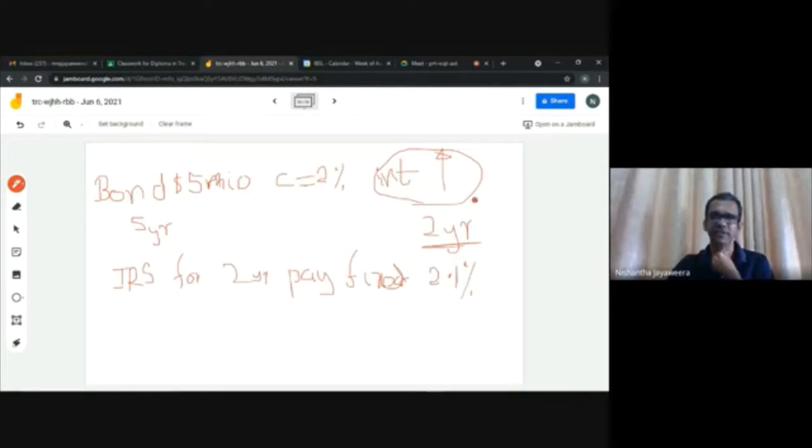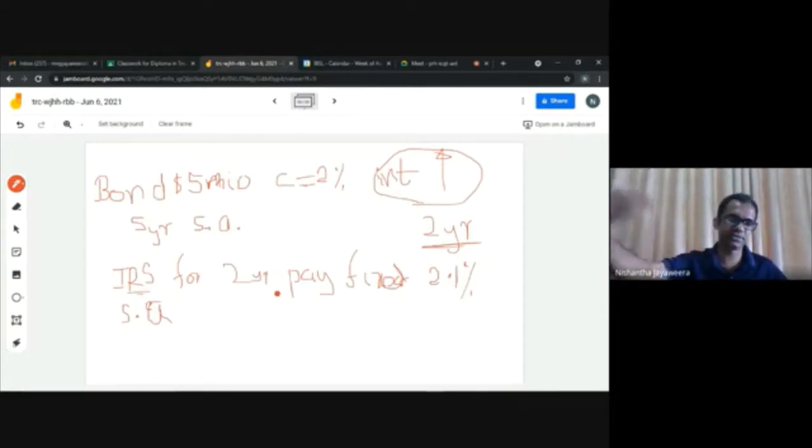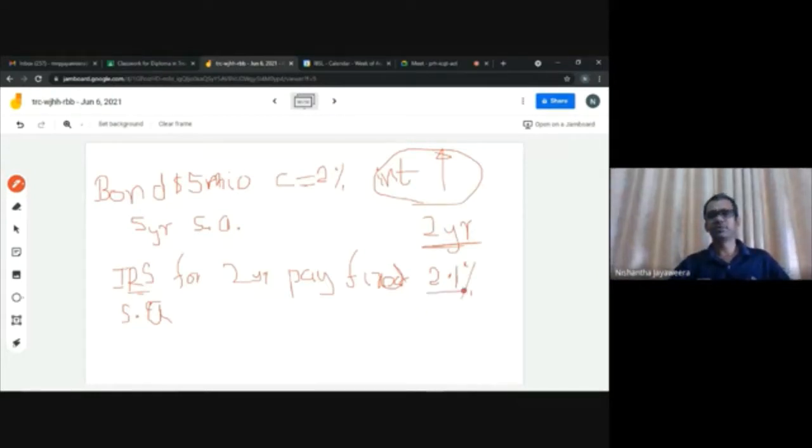If we've realized what would happen. Say this is semi-annual coupon. That's another factor that we have to say. Consider semi-annual coupon. If it is semi-annual, here also you have to go for a semi-annual frequency IRS. Every 6 months you make the payment. Your fixed rate is 2.1. Then what would happen?